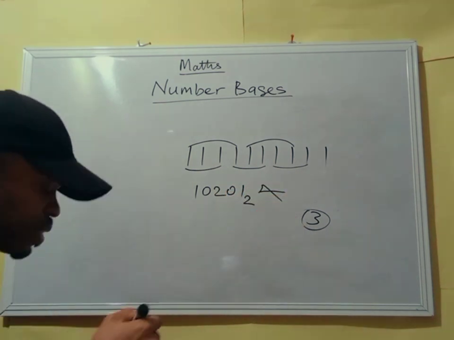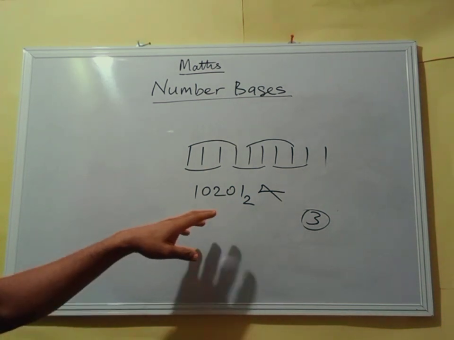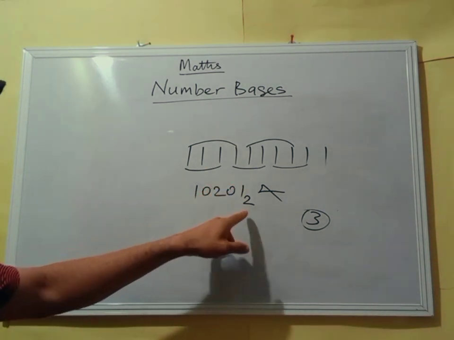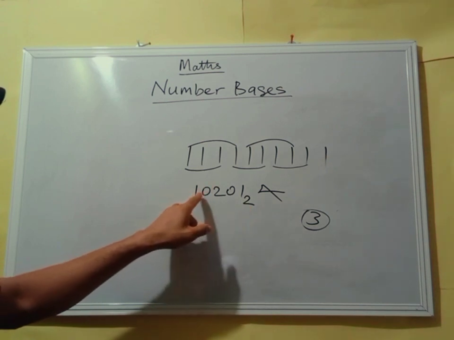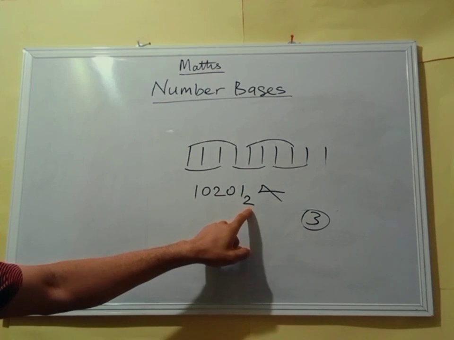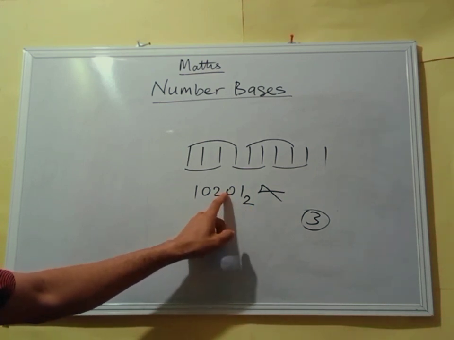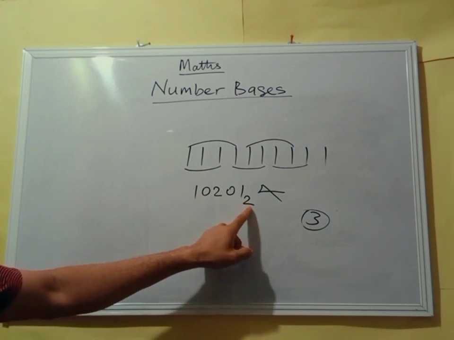It cannot exist. Why? Because there's a rule that says that if you have a particular number in a particular base, all the digits of that number must be less than the base. But here you see we have a digit that is up to the base. All the digits must be less than the base.